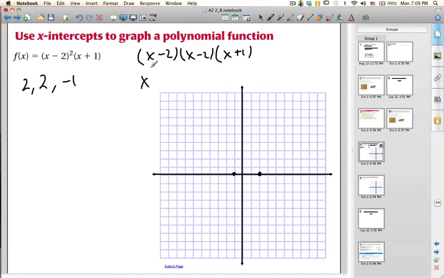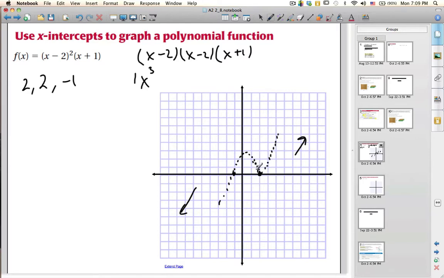That would be x cubed. So I'll have 1x cubed. So I have a positive leading coefficient. That means my right end goes up. I have an odd degree, which means my ends do different things. So I know generically that my graph comes in this direction, comes back down. Now, I happen to know that repeated solutions are local maximums or minimums, so I know it's going to turn around here.